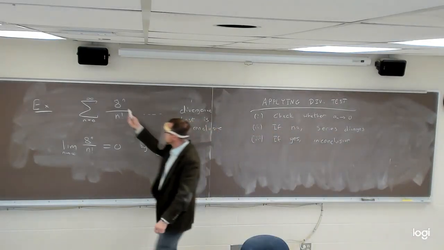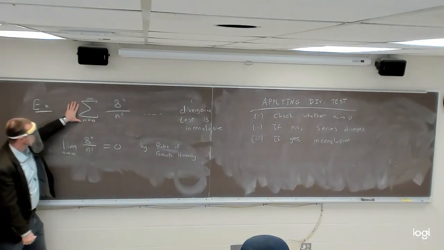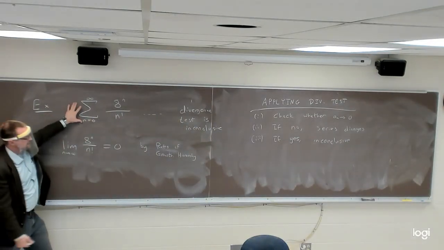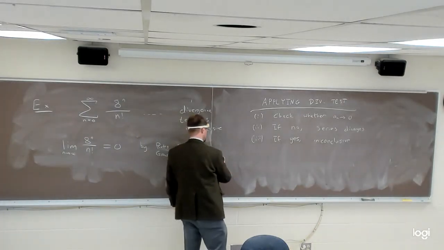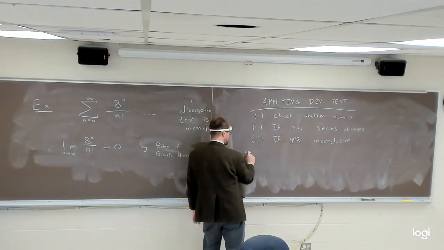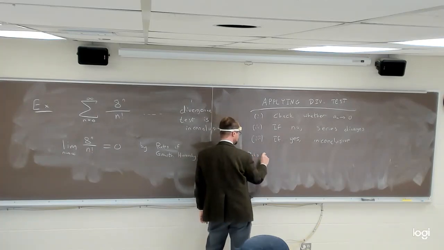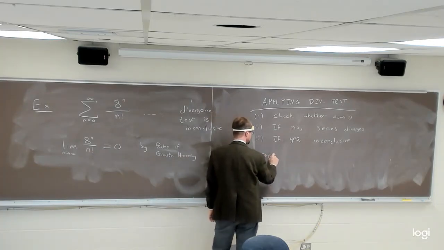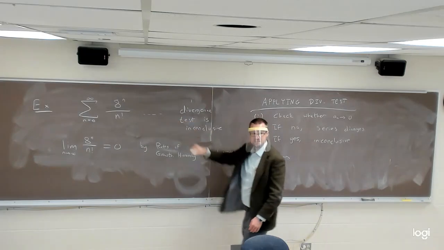As we go through the theory of series, we'll be able to come back to this one in a couple different ways. So later, we'll develop something called the ratio test that will tell us that this series converges.